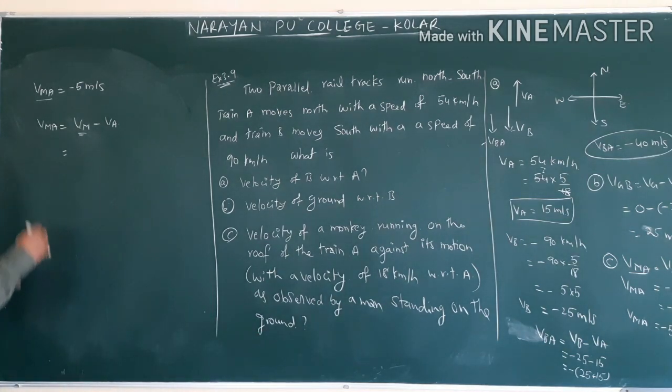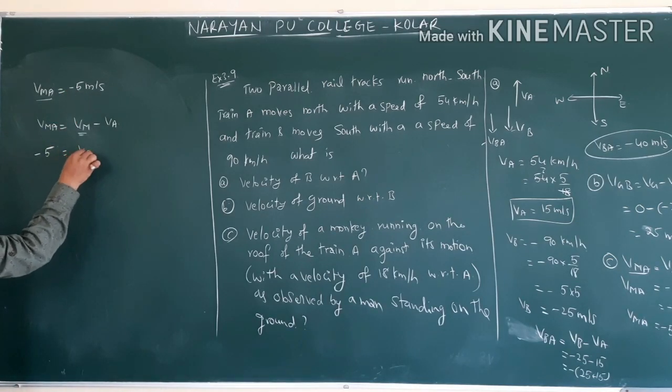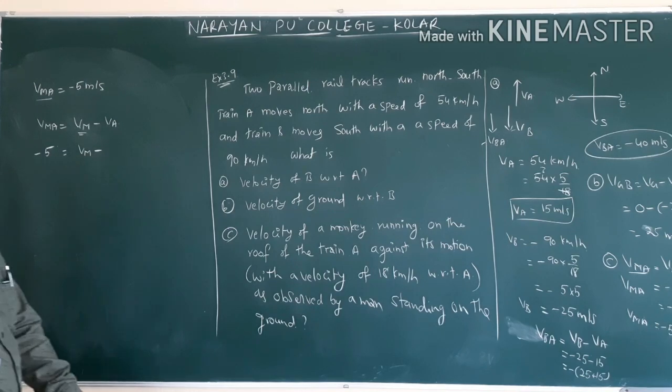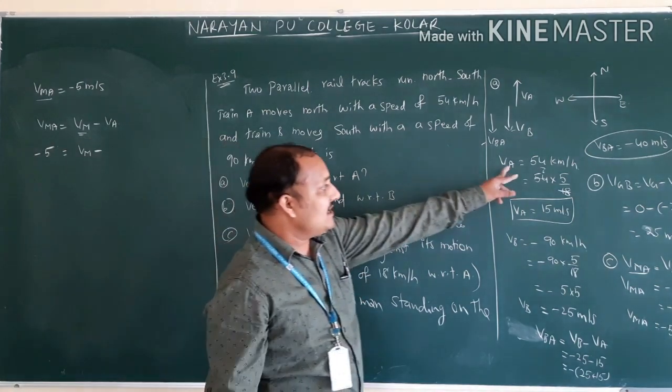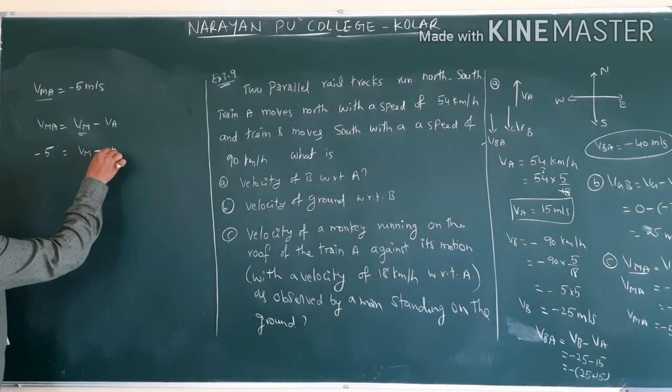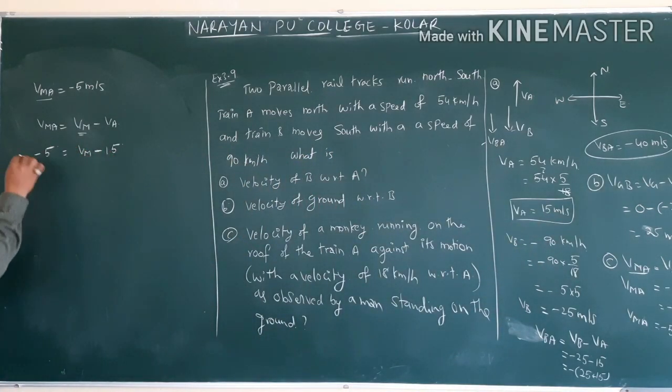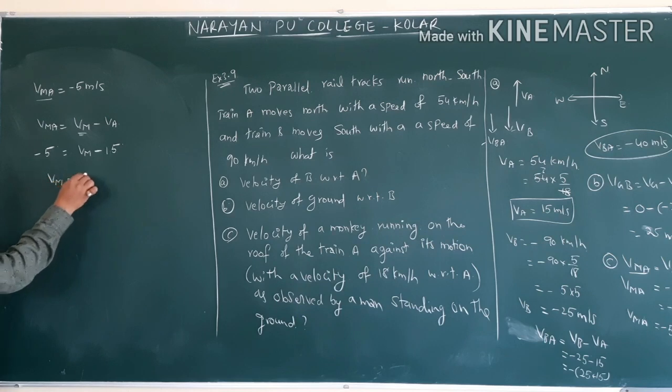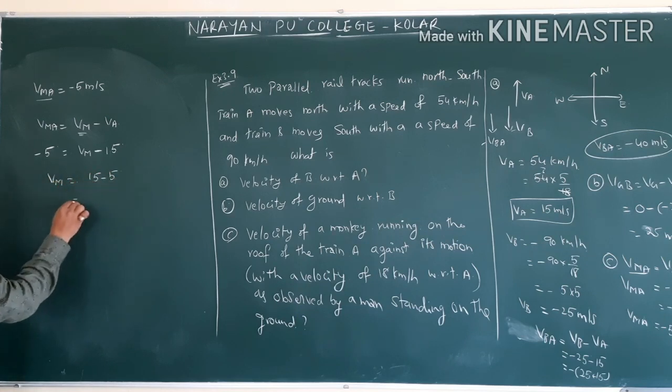Generally we will first find what is the velocity of the monkey. VMA is minus 5. VM minus VA, velocity of train A. What is VA? That is nothing but 15 meter per second. This minus 15 will come this side. Then VM is equal to 15 minus 5. That is nothing but 10 meter per second.